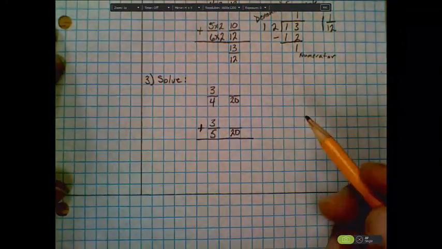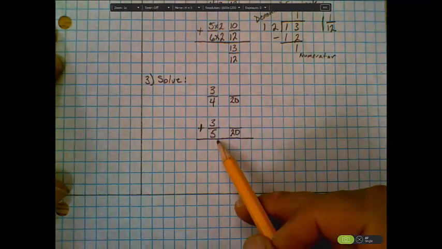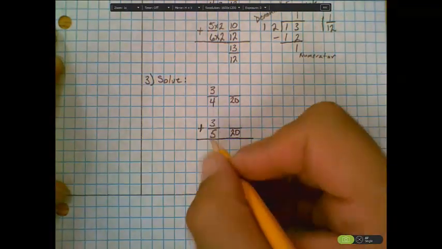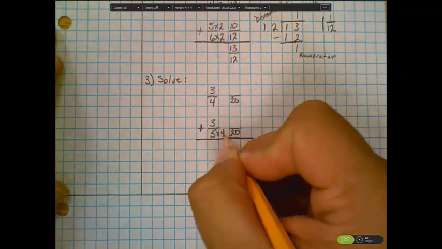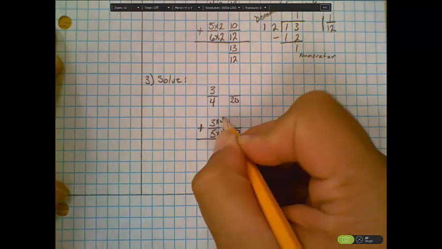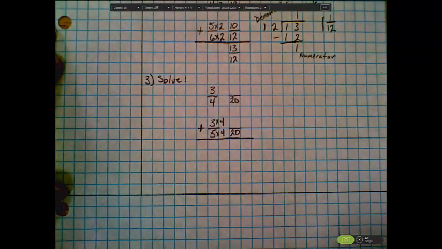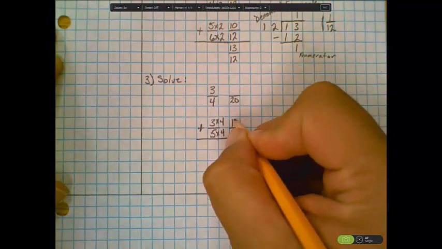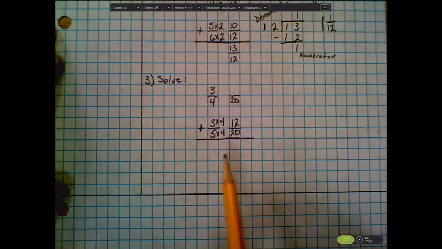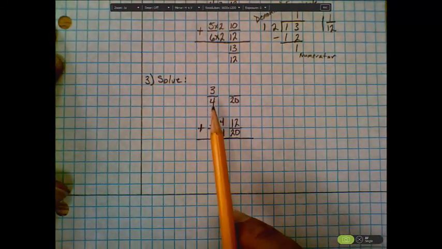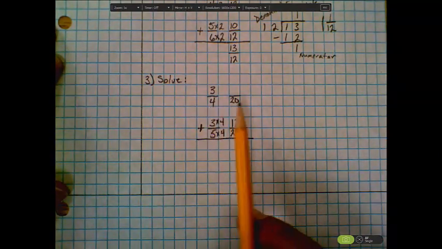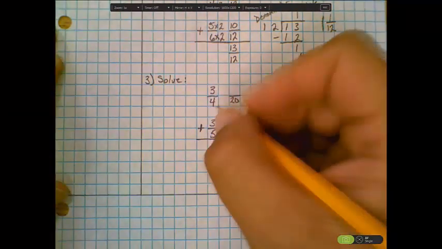The next thing we do is find the equivalent fraction. 5 times what is going to give you 20? Well, we know 5 times 4 does. If we do times 4 on the bottom, we have to do times 4 on the top. 3 times 4 is 12. Do the next problem. 4 times what gives you 20? Well, we know that's times 5.